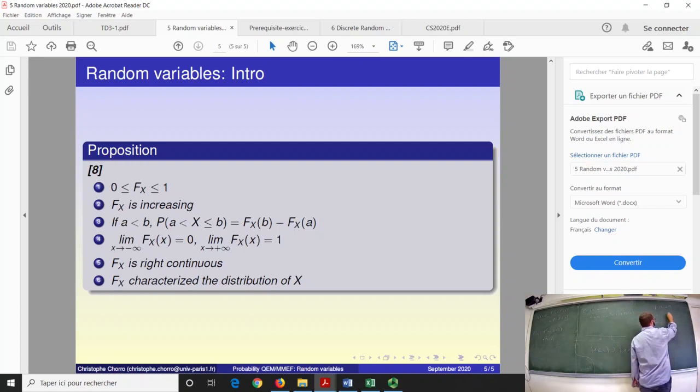It means that anytime I take a sequence xn converging toward x when n goes to plus infinity, then f of xn converges toward f of x. The sequential definition of continuity of a mapping.